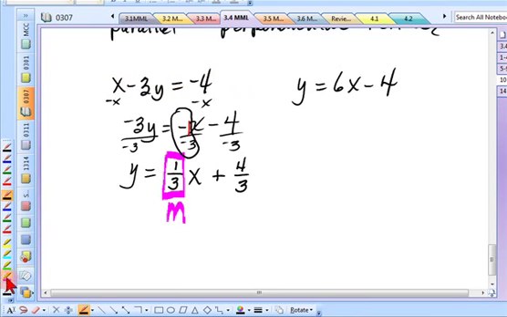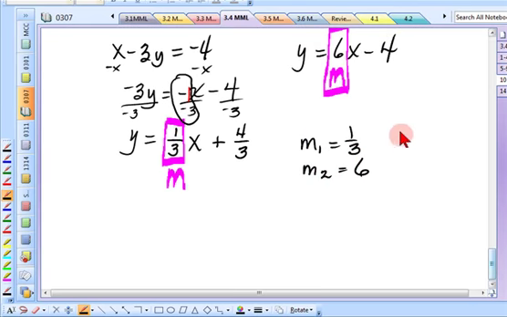Second line. How much work do I have to do? None, because it already says y equals. So I already know that the slope is 6. So compare those. M1 is 1/3. M2 is 6.